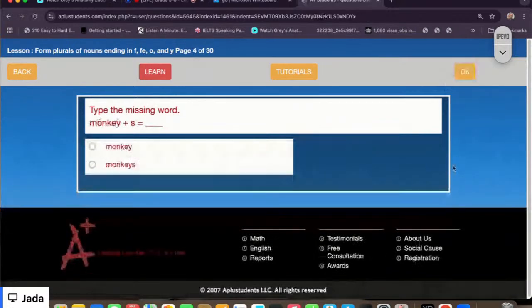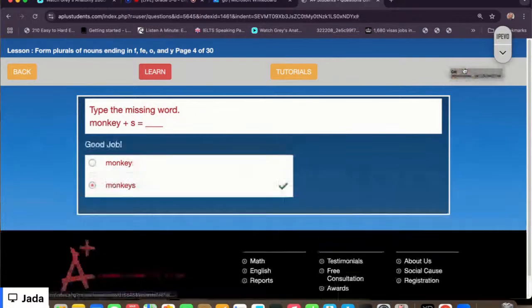Monkey. Type in the missing word for monkey. So monkeys. Okay.